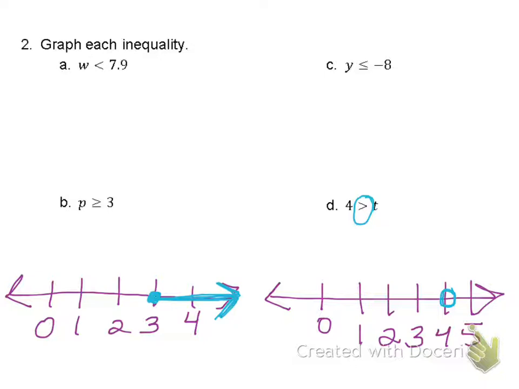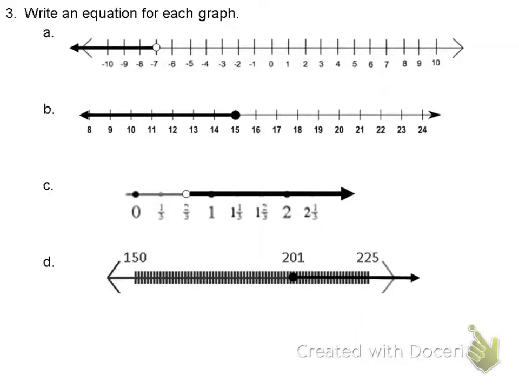And the solution set T is actually less than the 4. So my arrow is going to go to the left again. And that's it. Okay, moving on to next couple of examples.